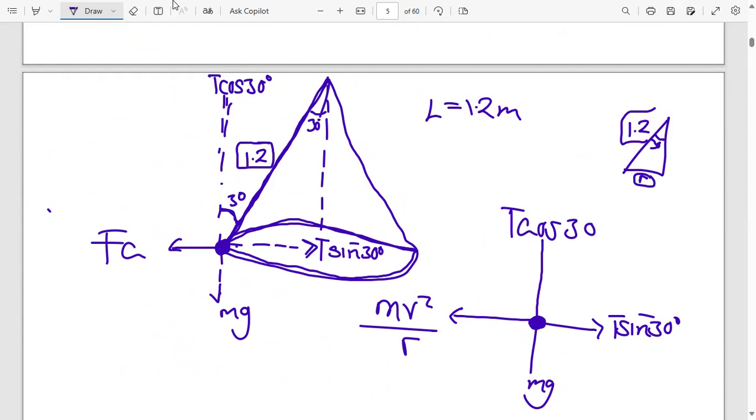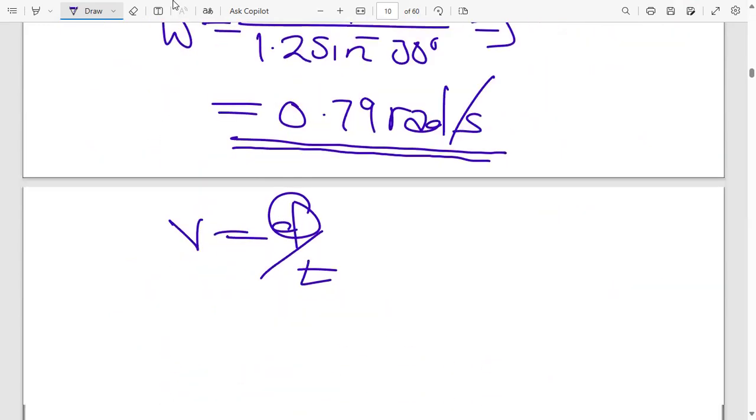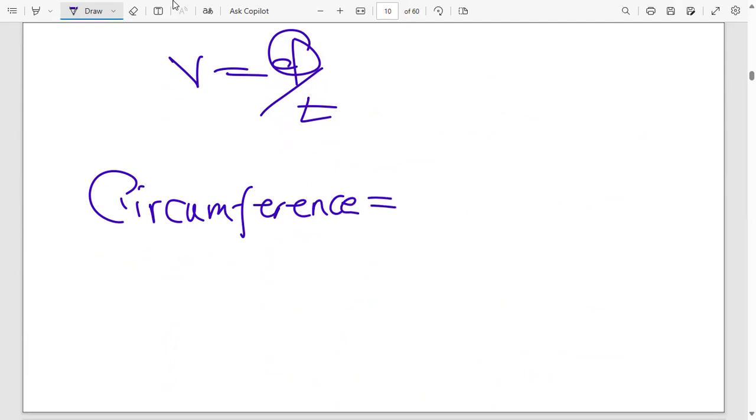2 pi r squared. Okay, circumference of a circle will be equal to, okay, you said it is equal to what? 2 pi r squared. 2 pi r squared or just 2 pi r?